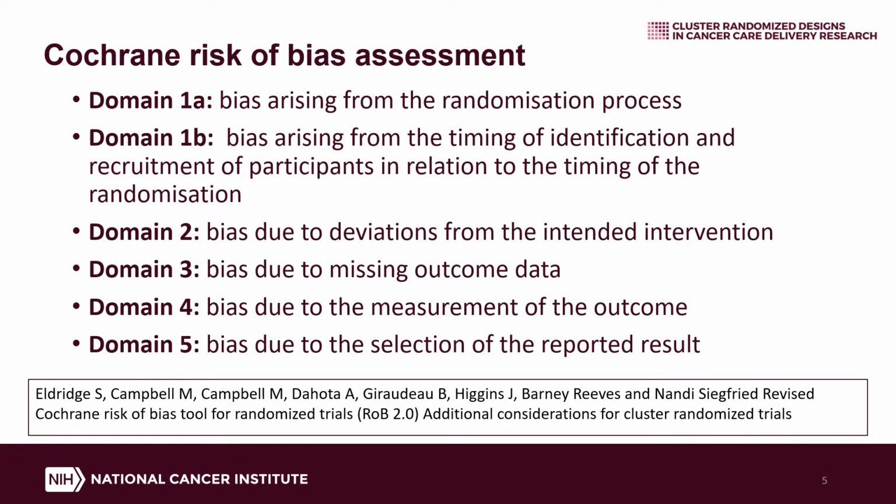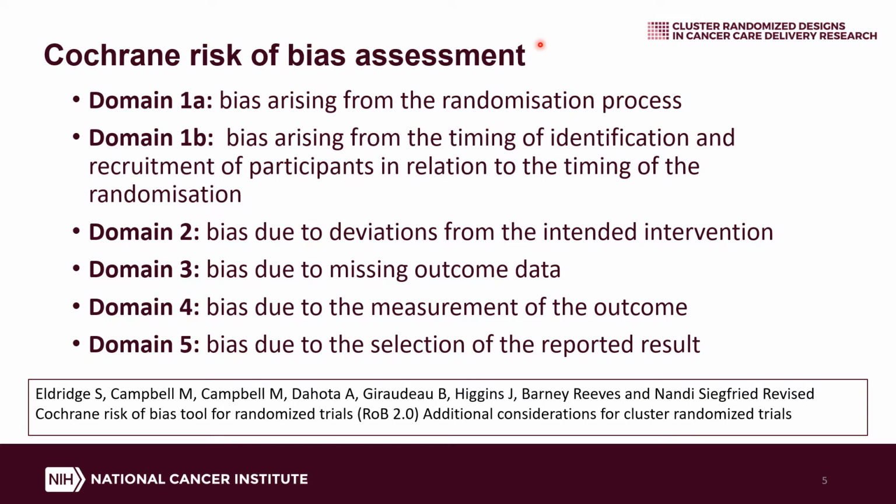So the Cochrane risk of bias tool classifies risks of bias of cluster randomized trials according to these 5 domains which are listed here. The first is domain 1, and this is bias arising from the randomization process.